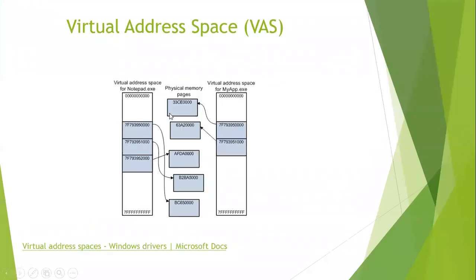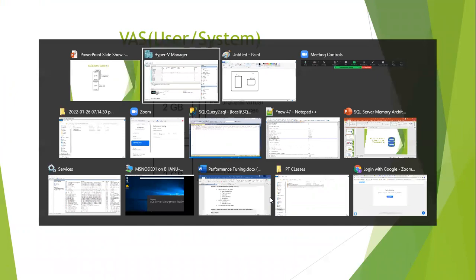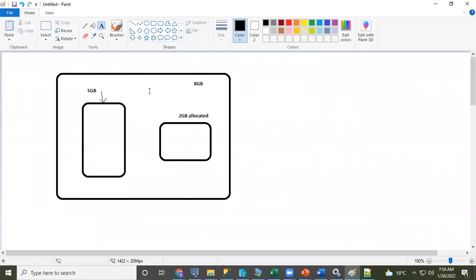We were talking about this VAS, the virtual address space: how much it will be for user space and how much for kernel space, for 32-bit and for 64-bit. I'll tell you in a bit. For now, understand.